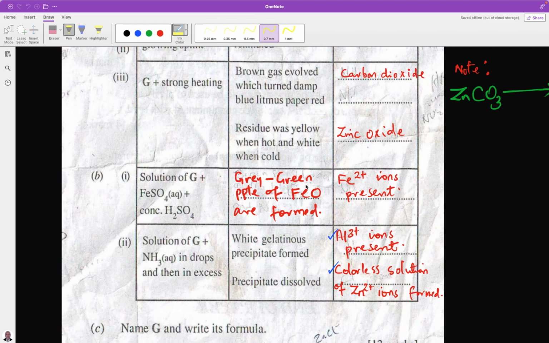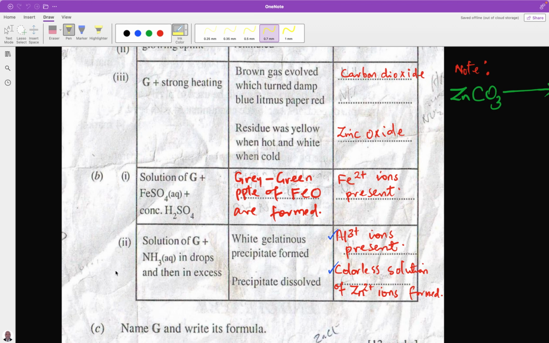We will have a gray-green color, a gray-green precipitate of iron 2 oxide that is formed, indicating the presence of iron 2 ion.